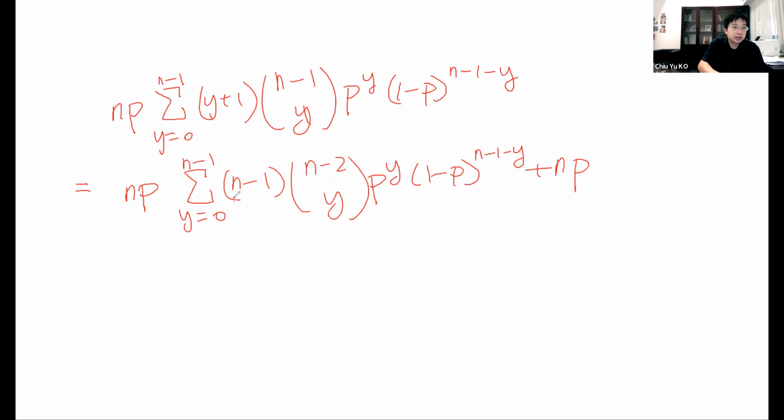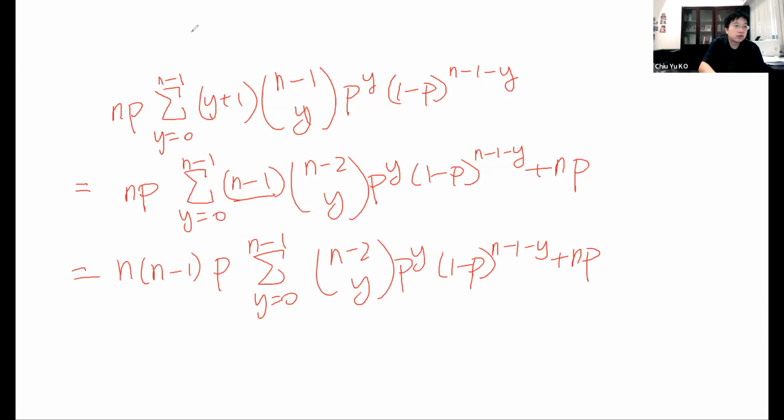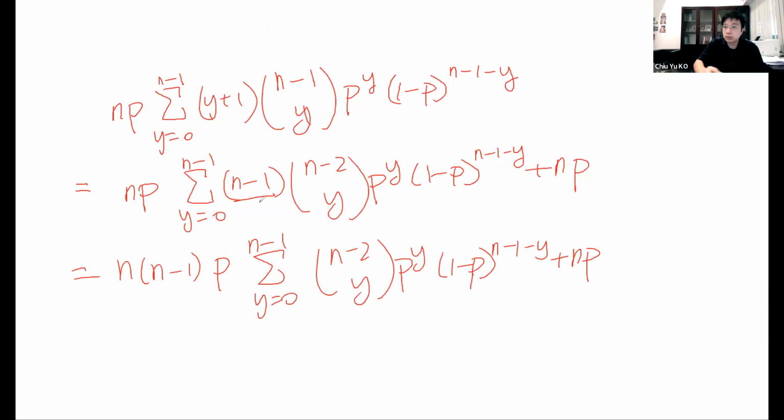The next thing is take the n minus 1 out, right? So we have n minus 1, and then p, and then summation y equal to 0. I just take n out, okay? And now I have to replace y by z.